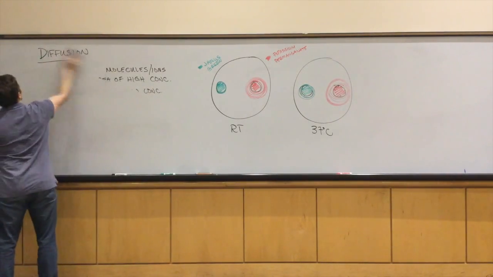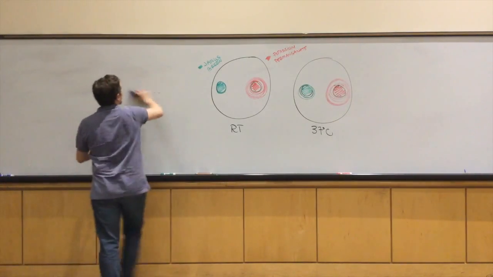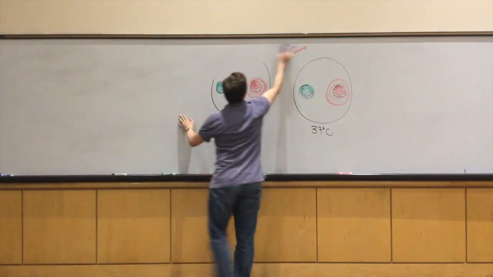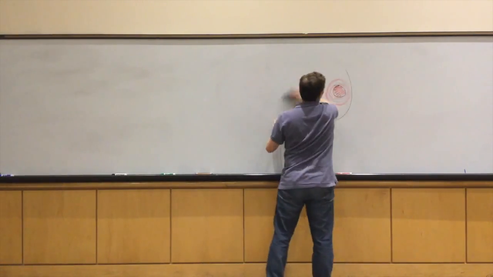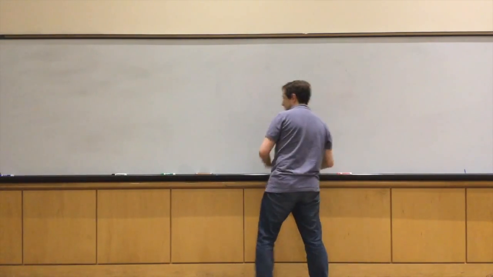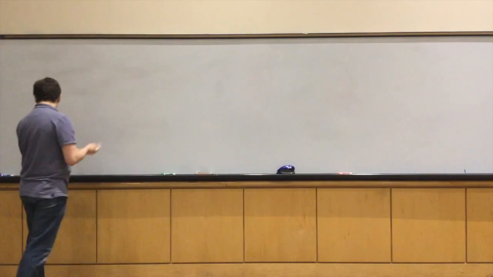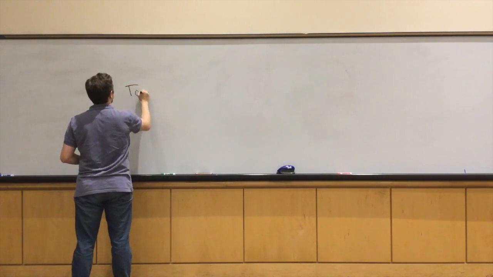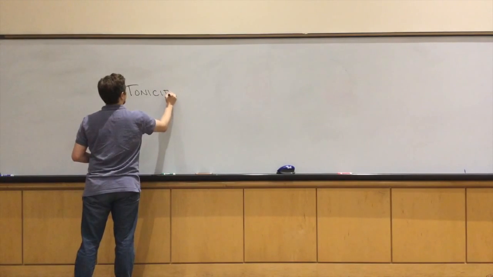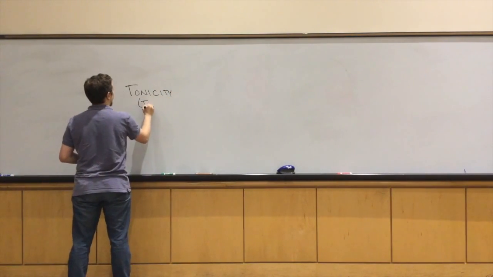So, to determine or discuss the difference in solute concentrations between two solutions, we have to expand our vocabulary. So let's go ahead and expand that vocabulary now. We're going to do so by first implementing a root word, tonicity, or it sometimes also is just written simply as tonic.